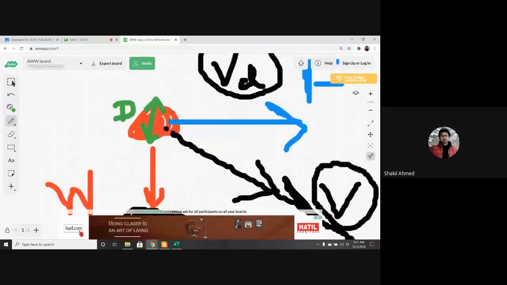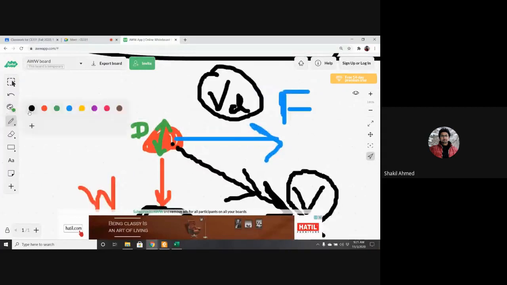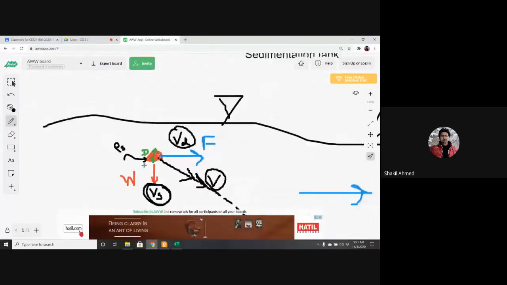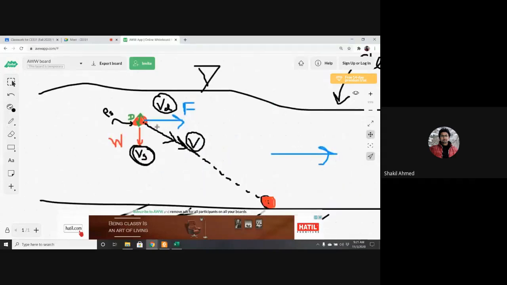Rho equals m by v. Now what is rho? Rho is the density of the fluid through which the particle is moving.